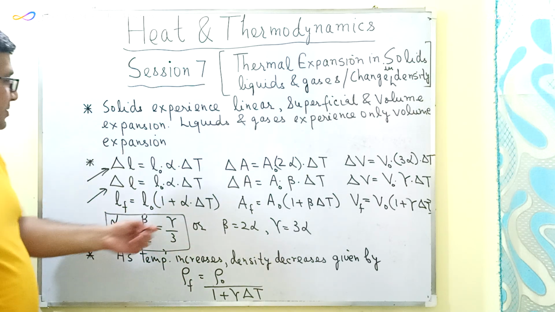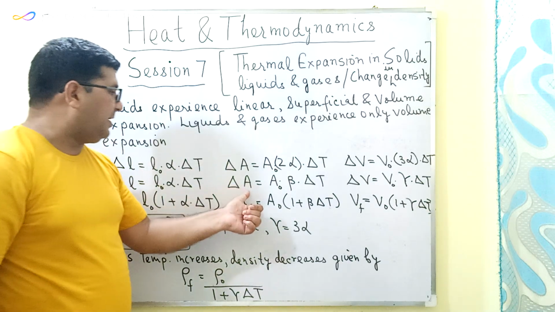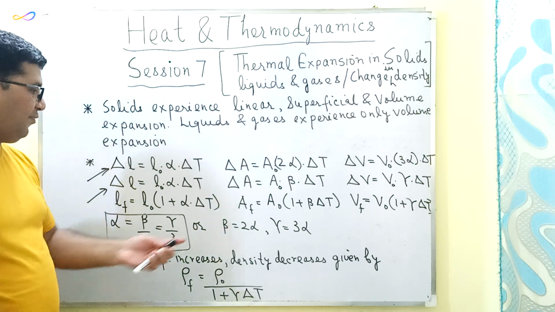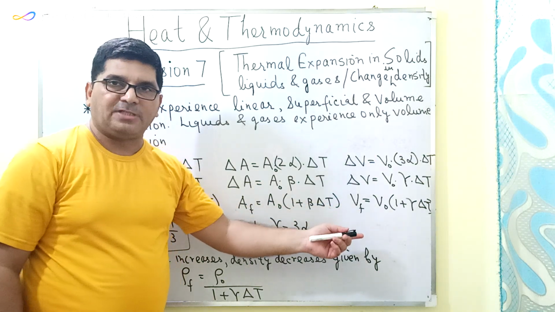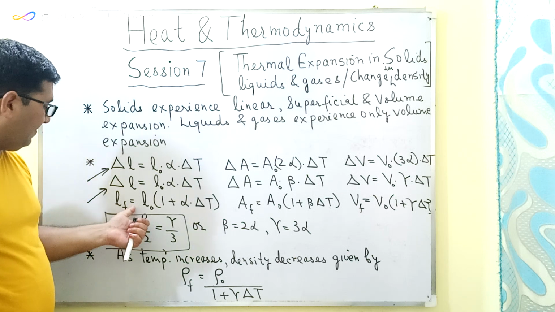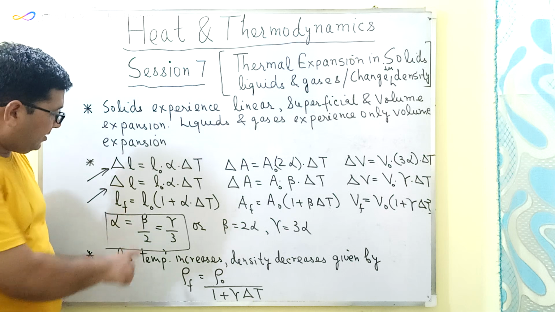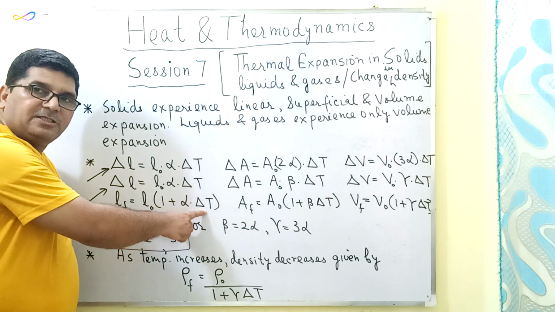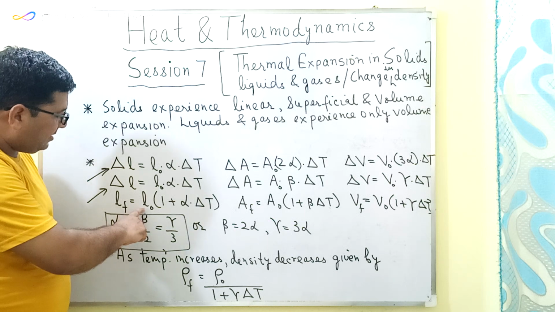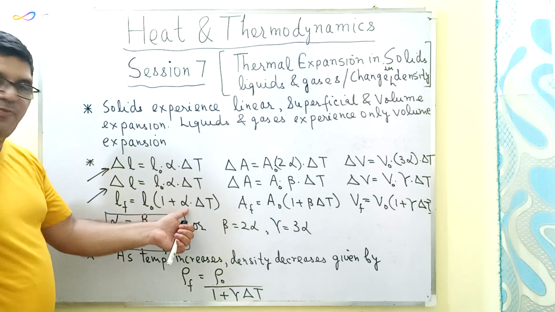After calculating the change in the length, the change in the area and the change in the volume, we can also find the final length, final area and final volume of a substance. The final length of a solid object after the change in temperature delta T can be written as L naught in bracket 1 plus alpha delta T, where alpha is the coefficient of linear expansion.